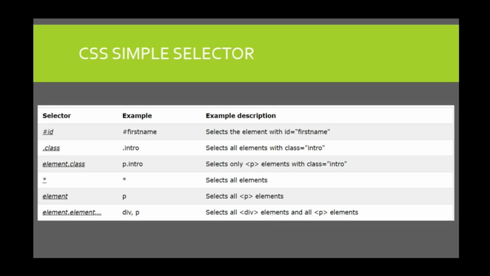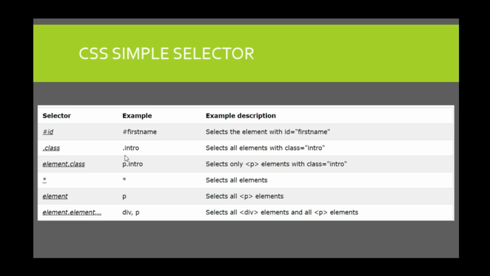First we go for the CSS simple selector. A selector refers to the tag name in the HTML document. These are the simple CSS selectors. We have the ID selector, hashtag ID, dot class, element dot class, asterisk, this one for all elements, and then this one element P, and then div and P. For example, hashtag first name refers to the ID name, the ID selector.